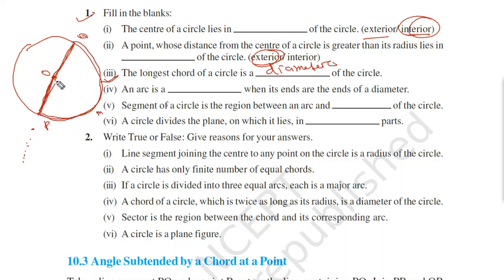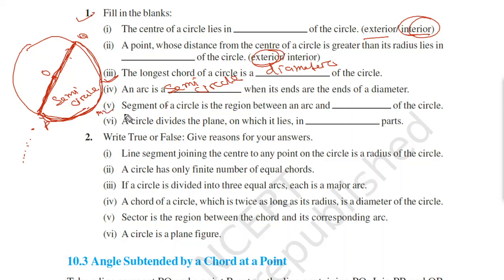Now PQ is a diameter. So what will we say, PMQ arc will be what? It will be a semicircle, as its two end points are the end points of the diameter. So you can say the arc is a semicircle when its ends are the ends of the diameter.